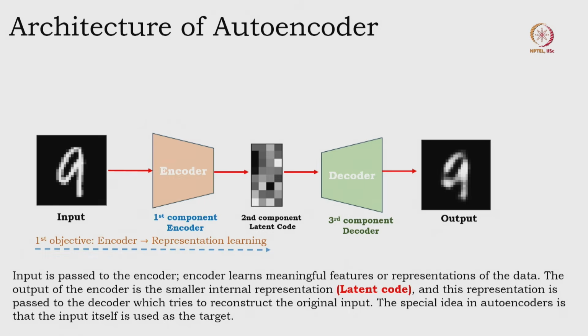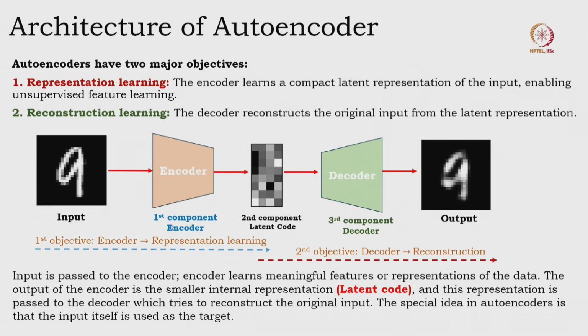The first objective here is to learn that meaningful representation, and the second objective is that the decoder has to reconstruct. Therefore, the two major objectives of autoencoders are, first, representation learning and, second, reconstruction learning. Who does this representation learning? The first part of the architecture, where the input is passed to an encoder and the encoder learns the compact representation of the input.